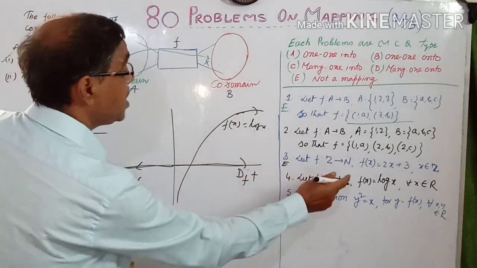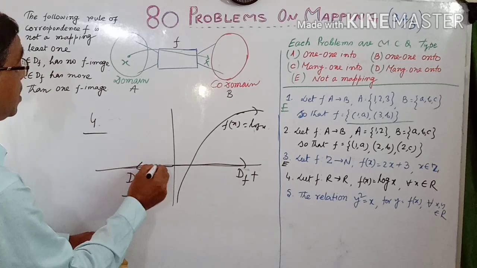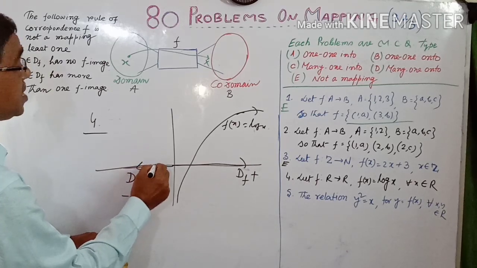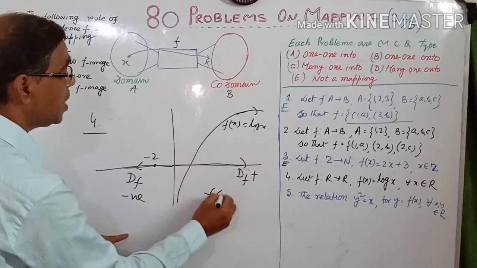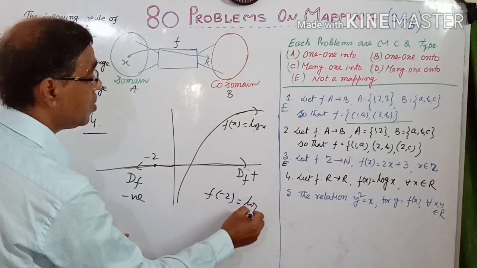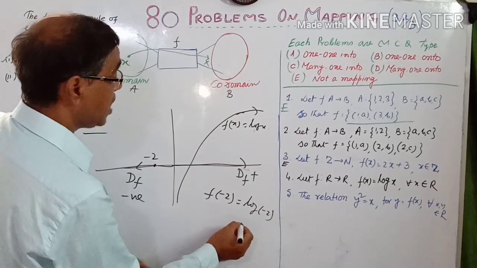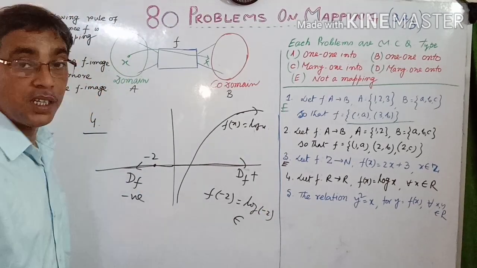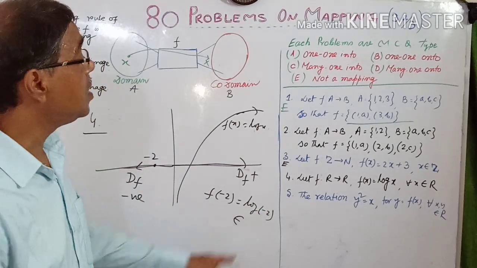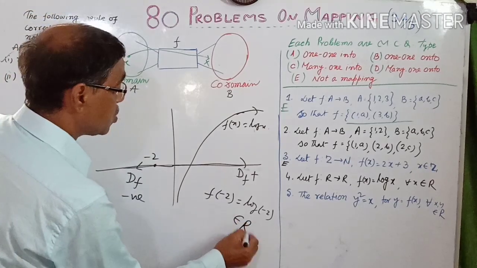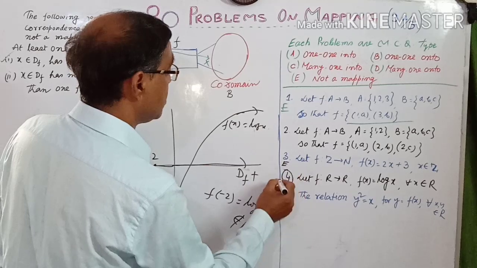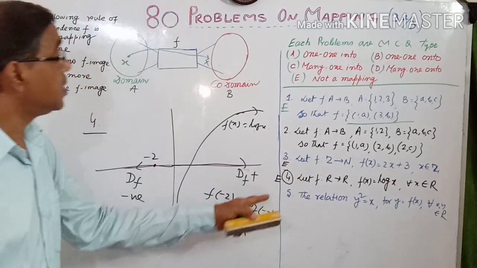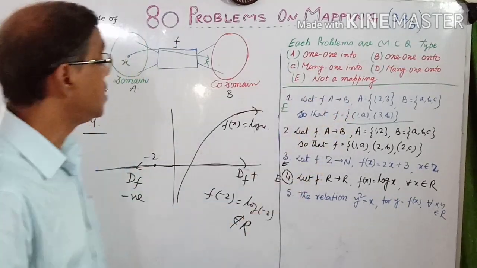If we take any negative real number, say -2, then f(-2) equals log of -2, which is not a real number. It is a complex number. Therefore, it does not belong to R. So it also does not form a mapping. So the option is E.